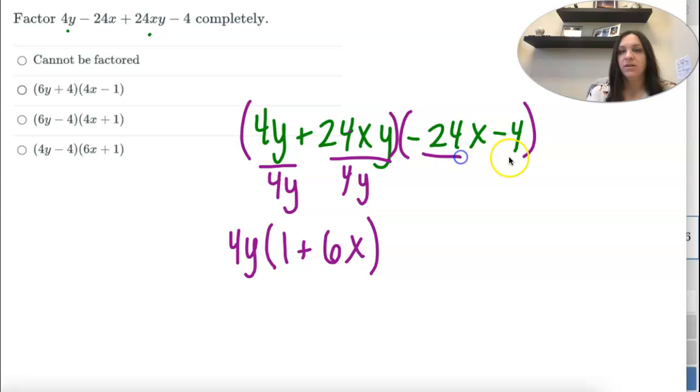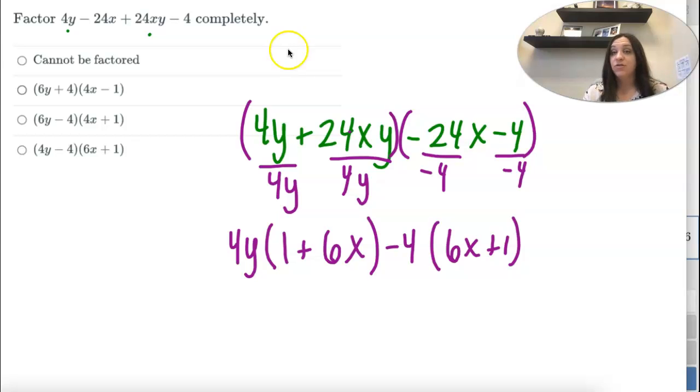Okay, here I can take out a negative 4, and we're left with positive 6x plus 1. Okay, this is right because I can rewrite that as 6x plus 1, and this is 6x plus 1.